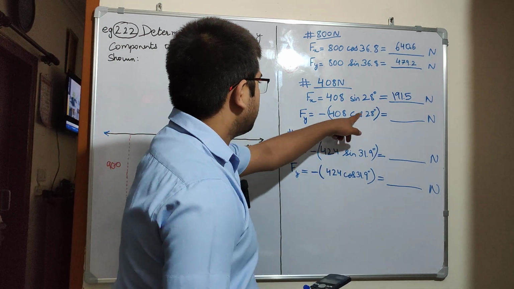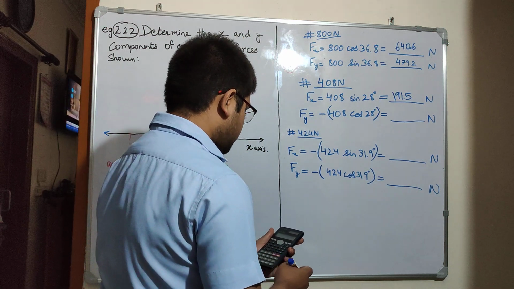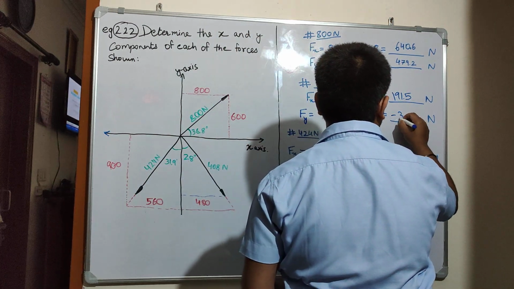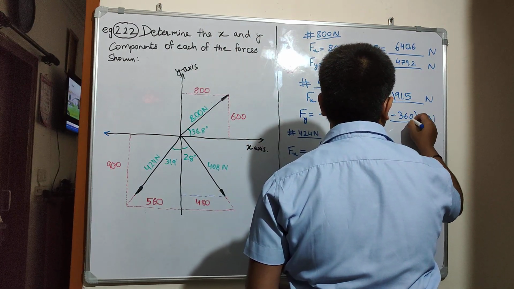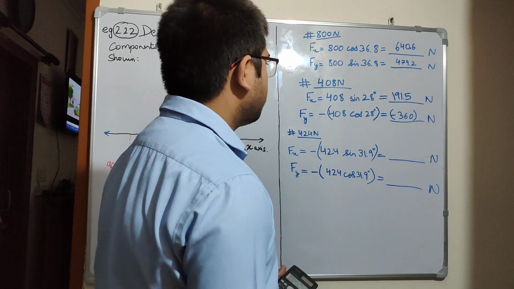Then 408 cos 28 would come as 360, and it is negative, negative 360 Newton.